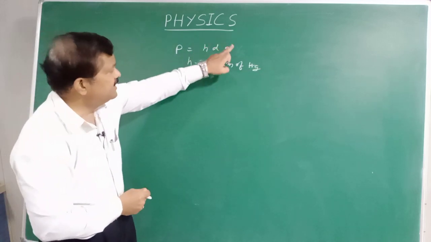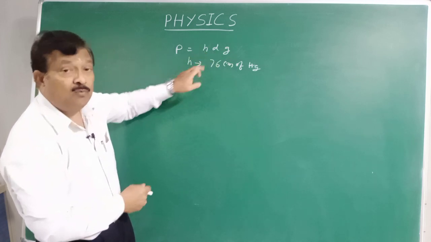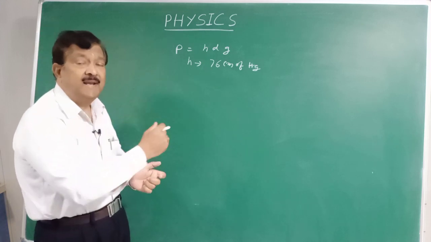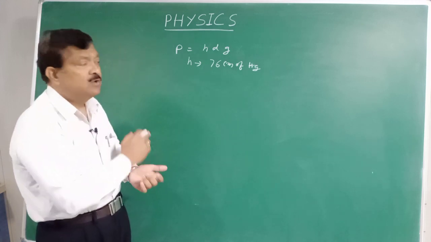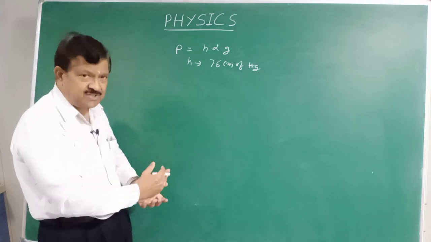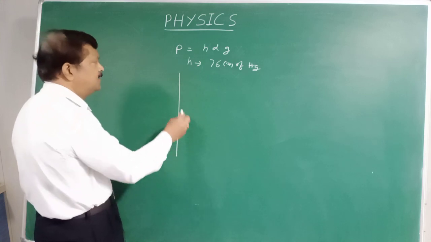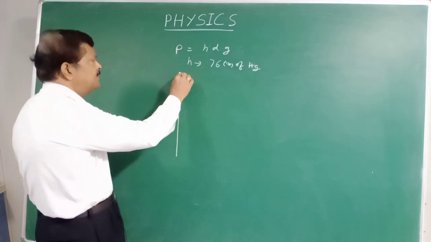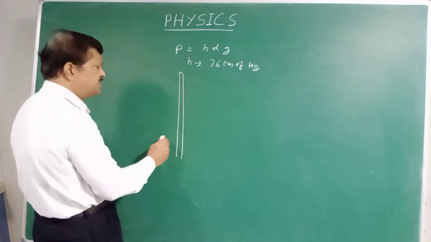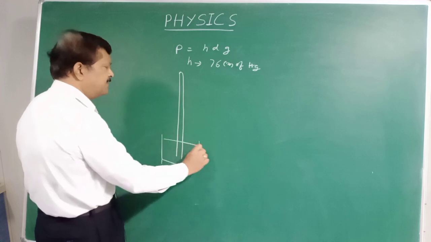Practically, pressure is not measured in centimeters. But out of this equation hdg, we are measuring only the value of h, which is the height of the mercury column in a capillary tube. To measure that height, generally we use a metallic scale. The capillary tube is taken like this, and it is placed in a container having some mercury.